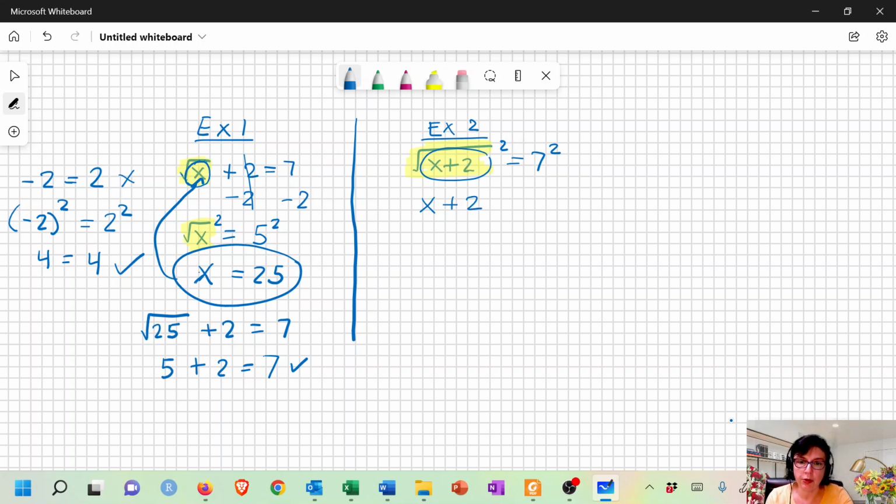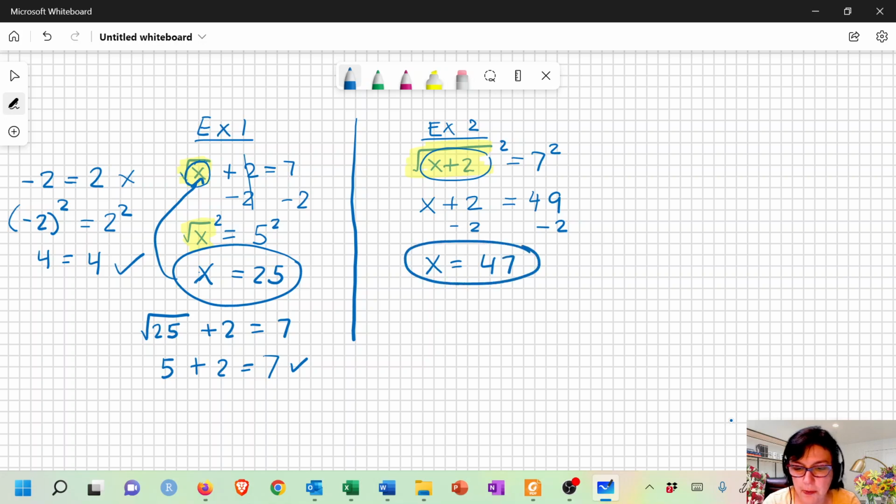So when you square a square root, that's what happens. It kills the square root, basically. On the other side, also, it's important to remember that 7 squared will not get killed, quote unquote. That is still going to be 49, right? 7 squared, that's going to be 49. That's not going to be 7 anymore. Now, subtracting 2 from both sides, I get x equals 47.